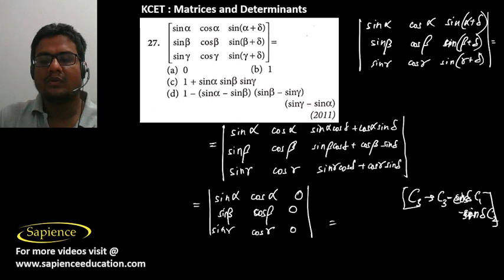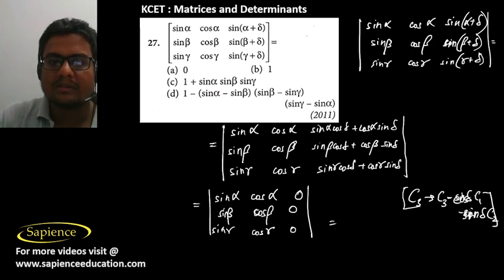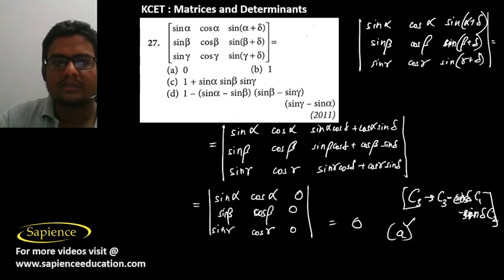So all the elements in the third column are 0. Therefore the value of the determinant will also be 0. If we expand this determinant along the third column, the value of the determinant will also come 0. So option A is the correct answer.